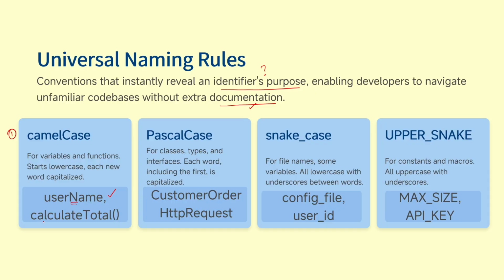This is an example for a variable, and similarly, as an example for a function or a method, there is something called calculateTotal. Here also we have two words. The first word is calculate, which is in small case, and the second word starts with uppercase.